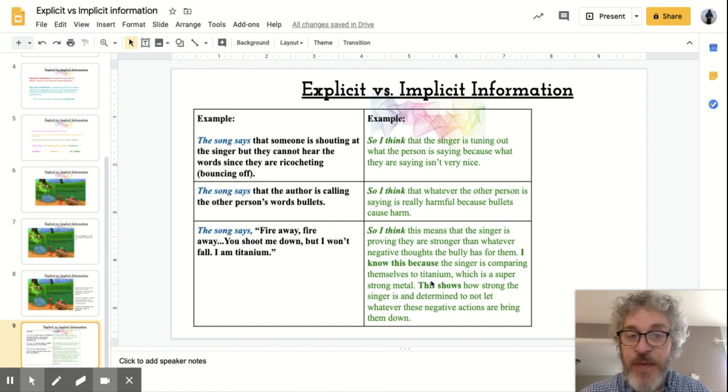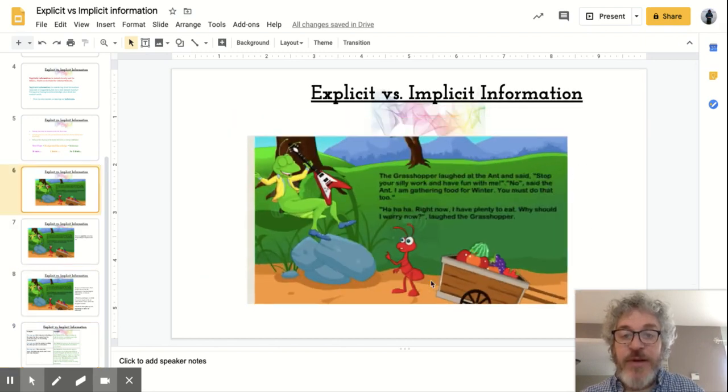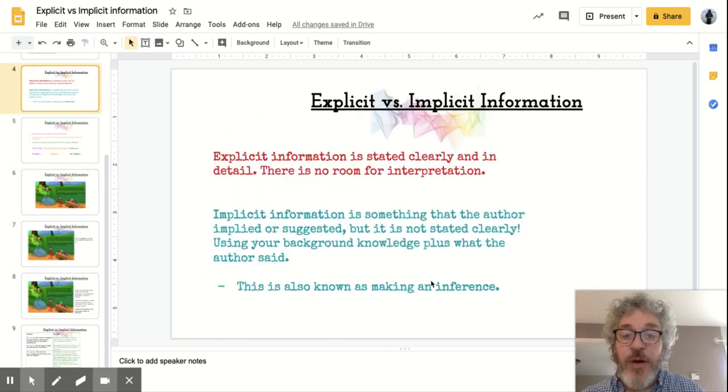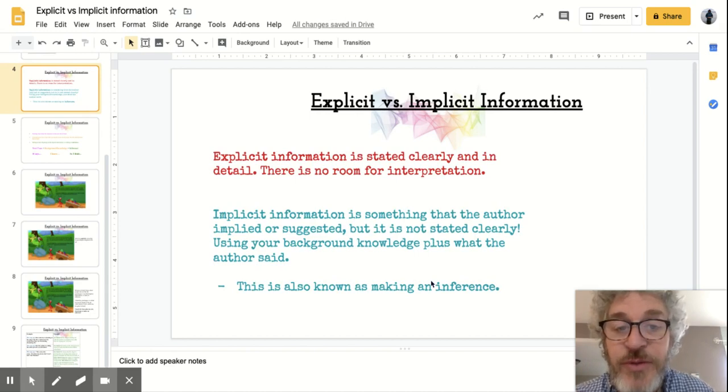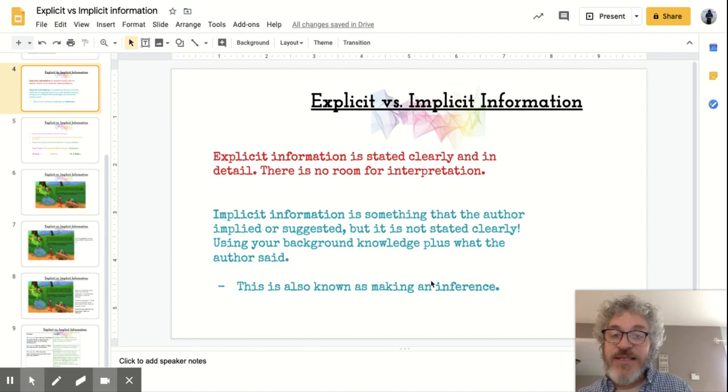So this week in our Readers and Writers Workshop and moving forward, we are going to learn about how texts contain explicit and implicit information. Again, explicit information is stated clearly and in detail. There's no room for interpretation.